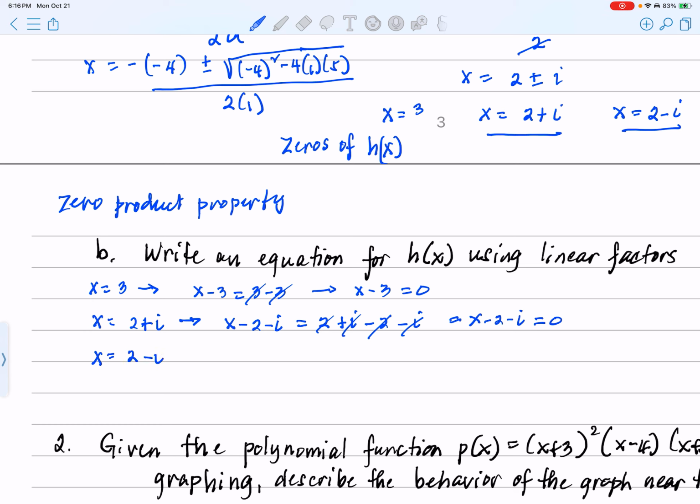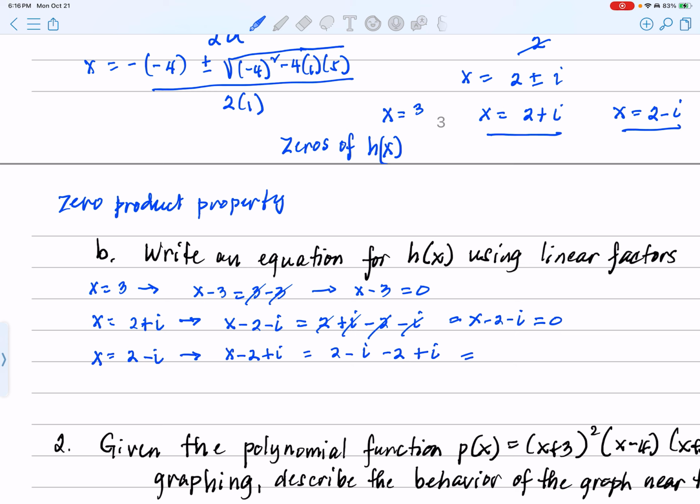2 minus i. For 2 minus i, subtract 2 and add i from both sides. So x subtract 2 and add i, then 2 minus i subtract 2 plus i, in order to cancel out and make your right side equal 0.